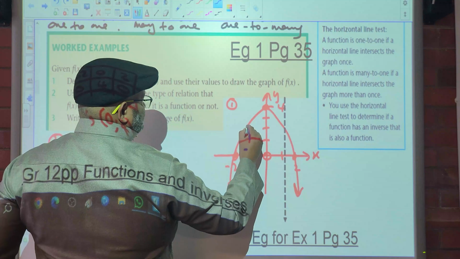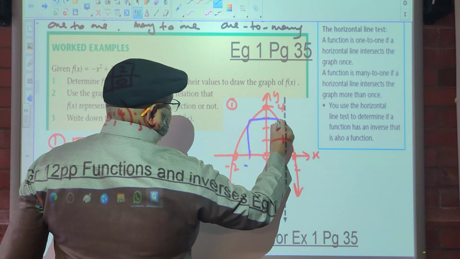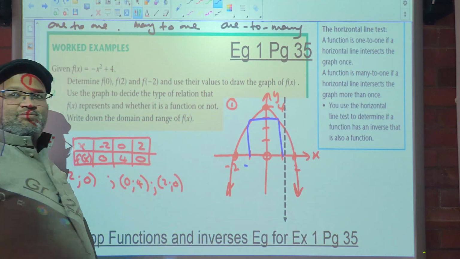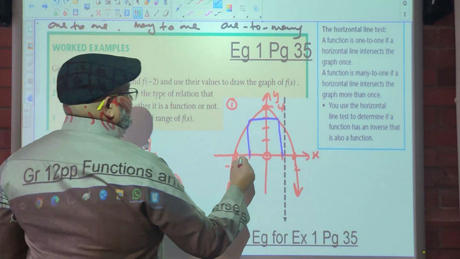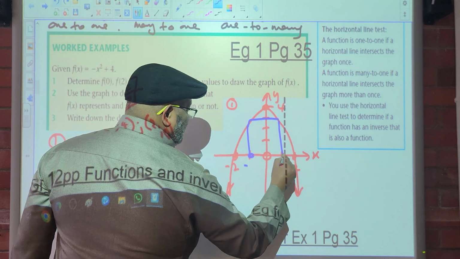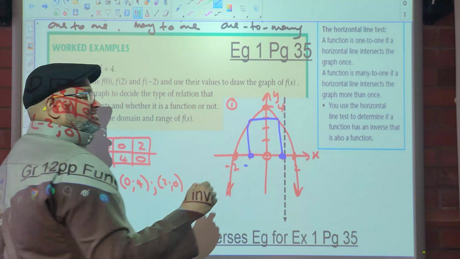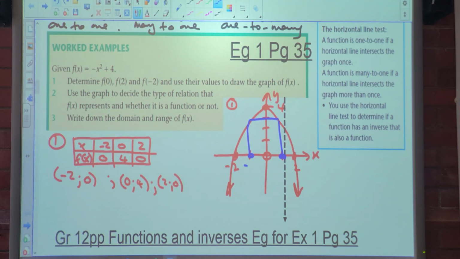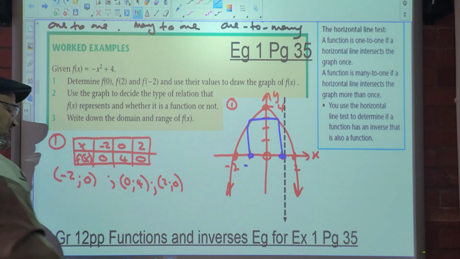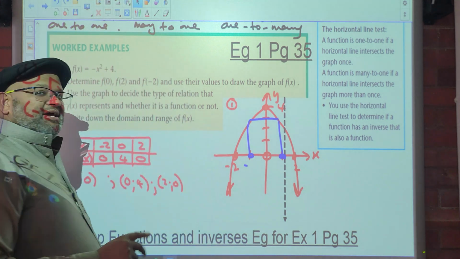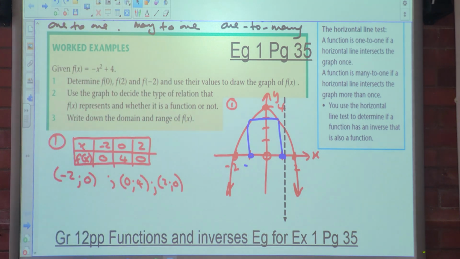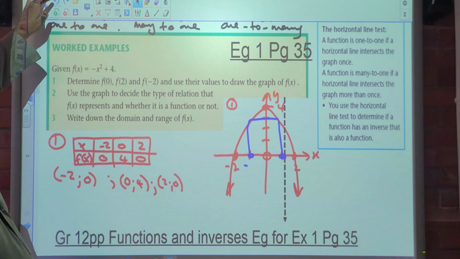As we know, the graph is not drawn to scale. Can you see that, people? So there are 2 x's and how many y's? 1 y. So this would be considered a many to 1 function. Do you guys understand?